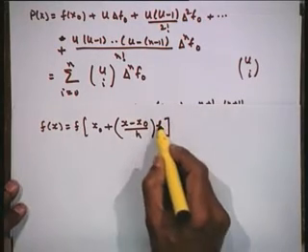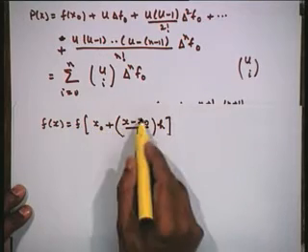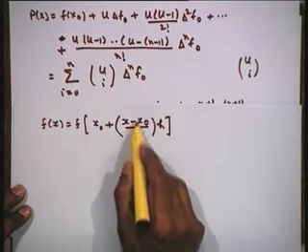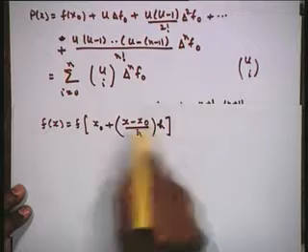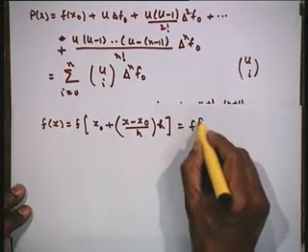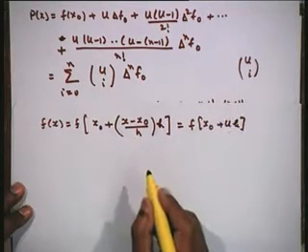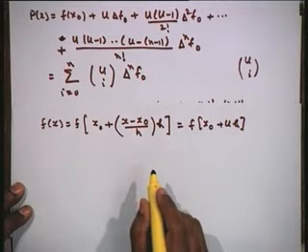You cancel off h, cancel off x naught, and f x is equal to f x. So, therefore, I have written the argument as x naught plus x minus x naught by h into h, so that I get back this one. Now, this is u. So, I will write this as f of x naught plus u h. This is the definition of u.